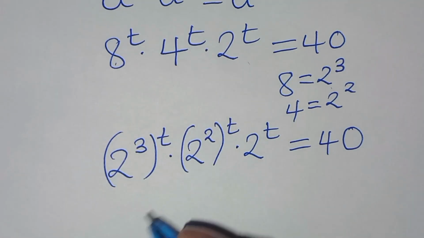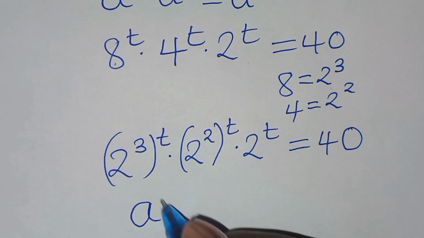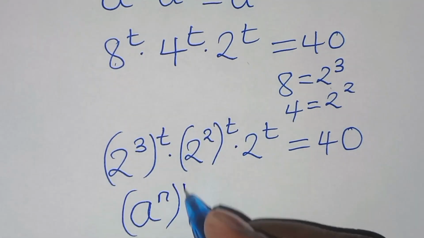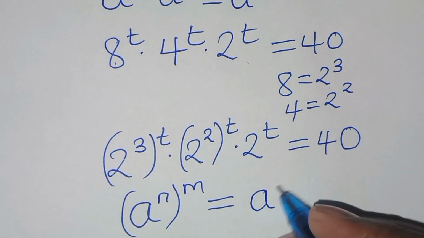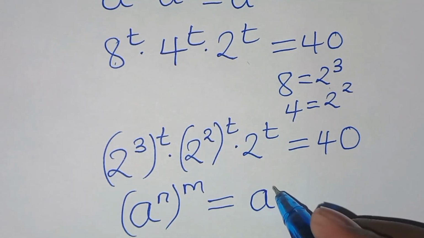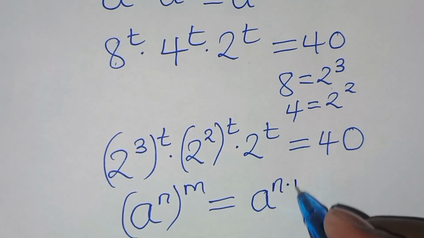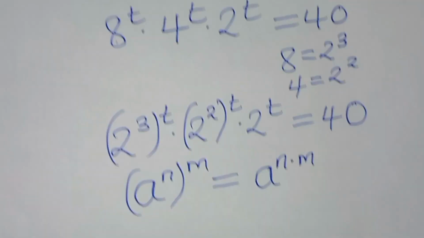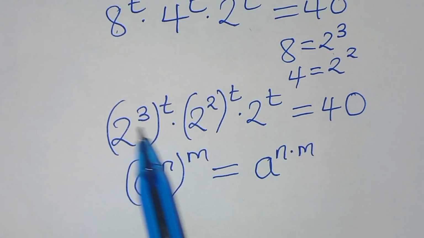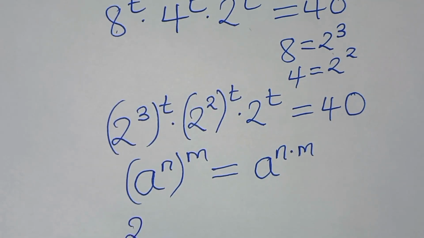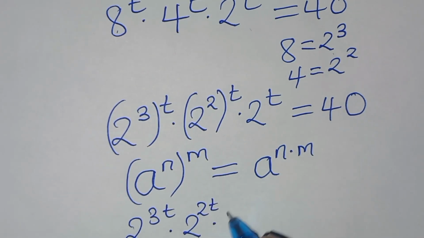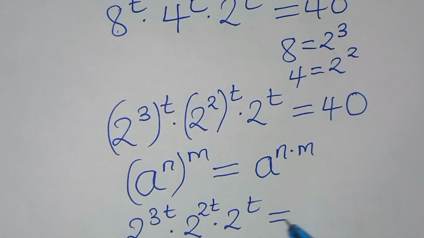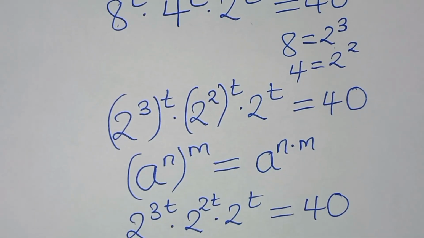The next step from here, given that a to the power n raised to the power m can be expressed as a raised to the power n multiplied by m. So applying this exponent property, here we have 2 to the power 3t multiplied by 2 to the power 2t multiplied by 2 to the power t, equal to 40.